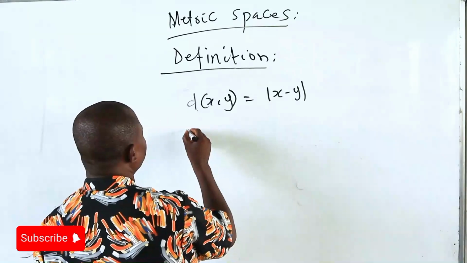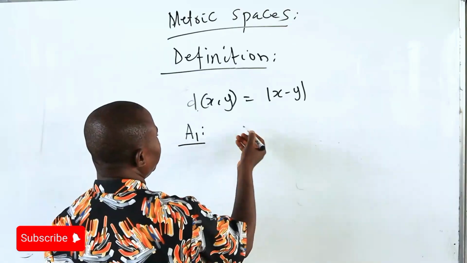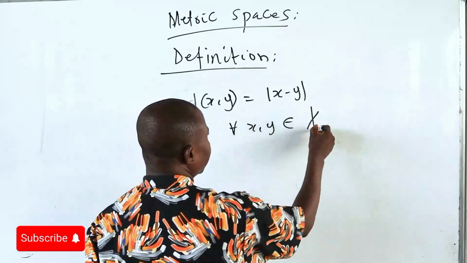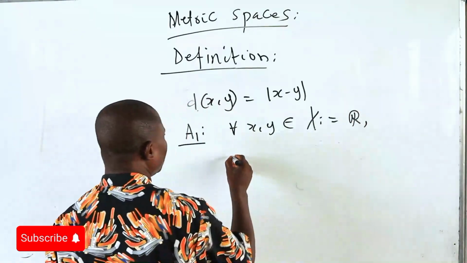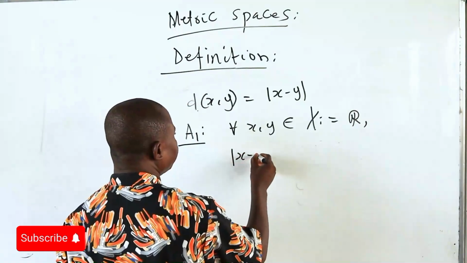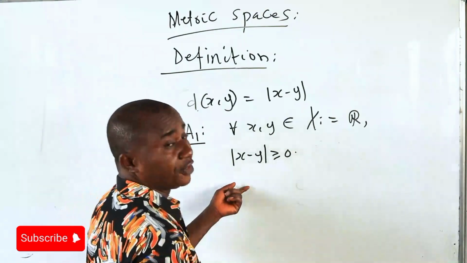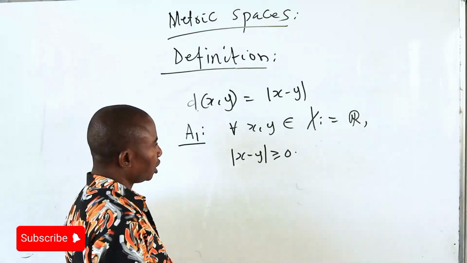Next, for condition number 1, that's A1, we know that for all x and y in the set capital X, where X is the set of real numbers, it is true that absolute value of x minus y is bigger than or equal to 0. From the definition of the absolute value function, we know this is true.